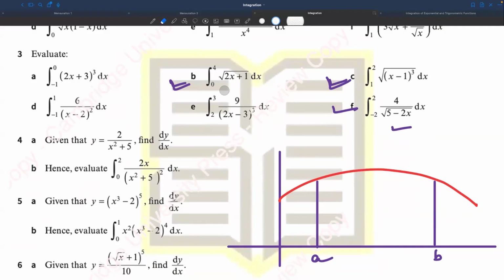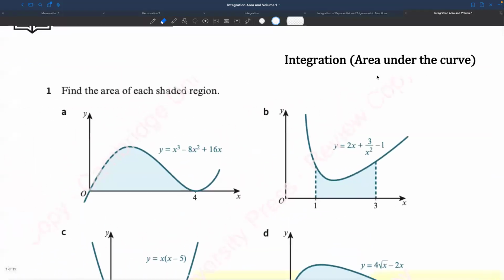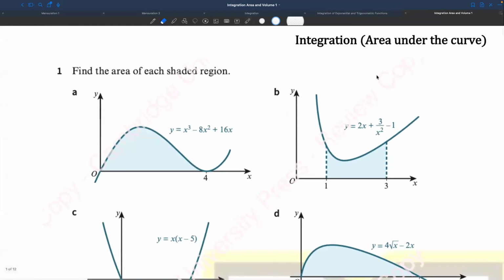Integration remains the same. When finding the area under the curve, I'm telling you this because when the next class starts, I will not explain anything. I will expect you people, if you haven't already, to be attempting these questions.